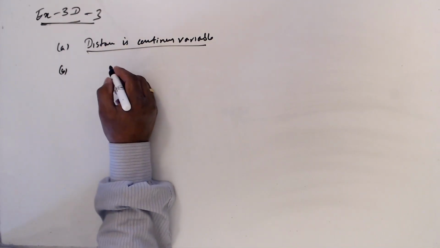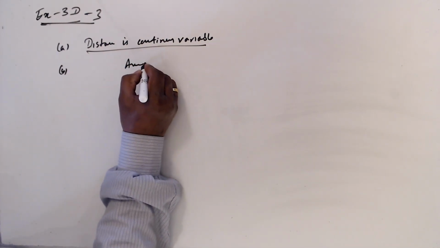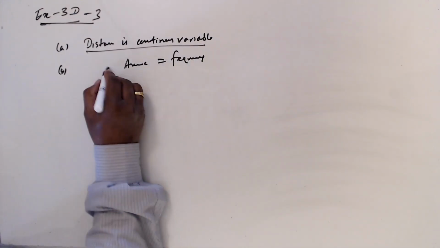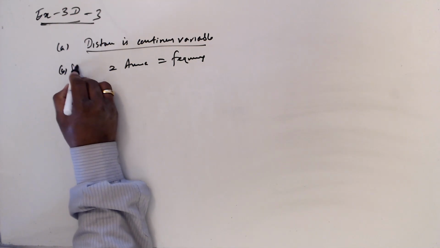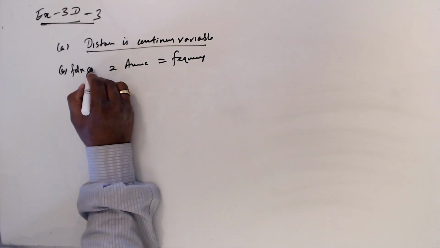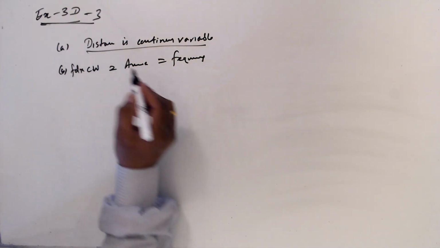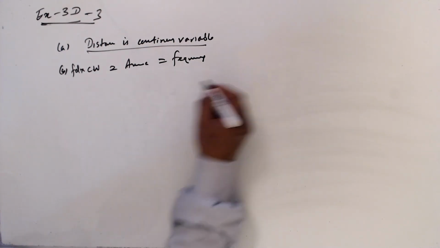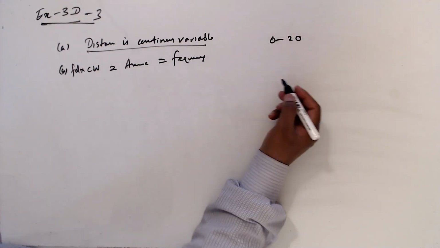And part B, area equals frequency, so frequency density times class width. According to this, less than 20 meters means the 0 to 20 interval.